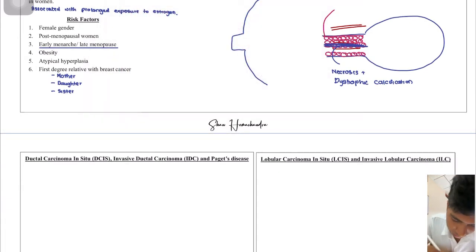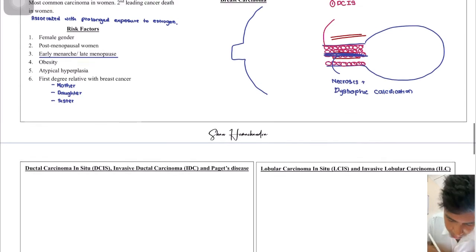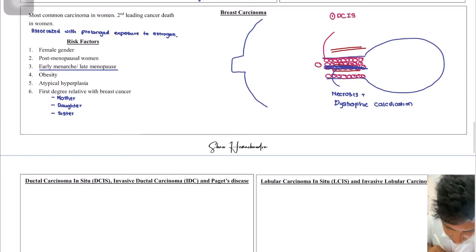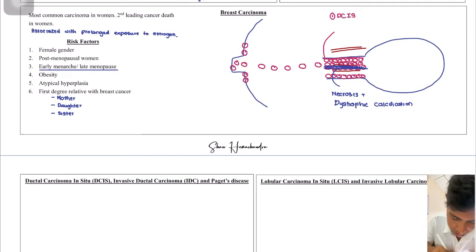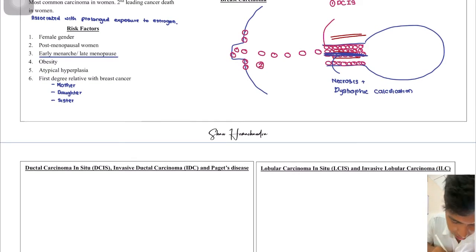And the thing you need to know next is, these cancer cells, they can go along the duct to the skin of the breast, the nipple, and this is a condition called Paget's disease.